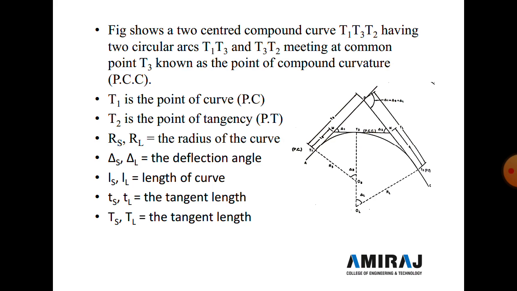T1 is the point of curvature (PC), or the starting point of the curve, and T2 is the point of tangency, the point of the curve (PT).